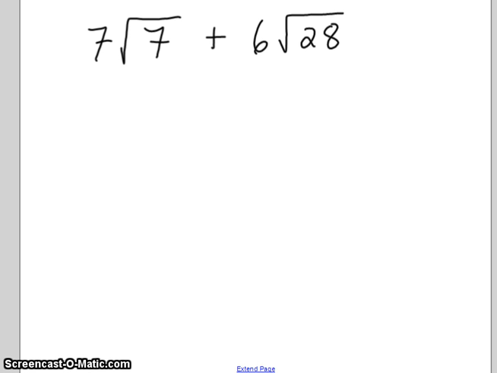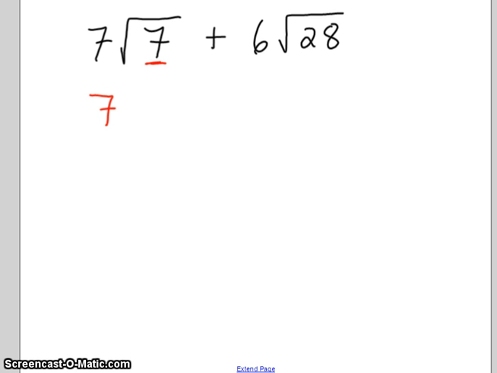Now if we have a problem where we may need to simplify the radicals first, do that first. 7 square root 7, well, 7 is a prime number, so the only factors of 7 are the square root of 1 and the square root of 7. So there's nothing to do here.